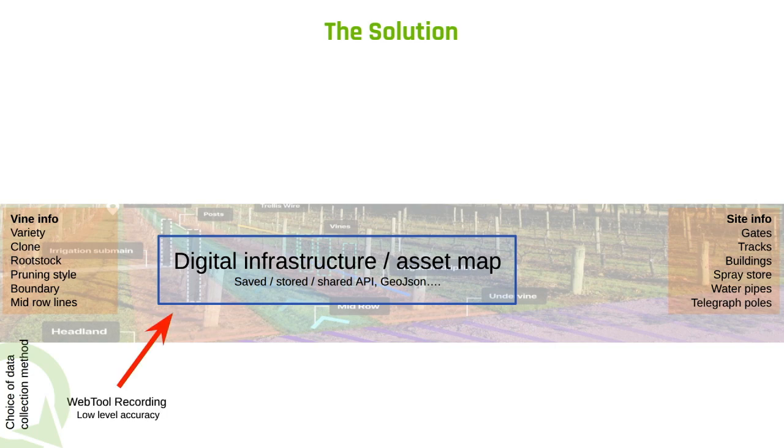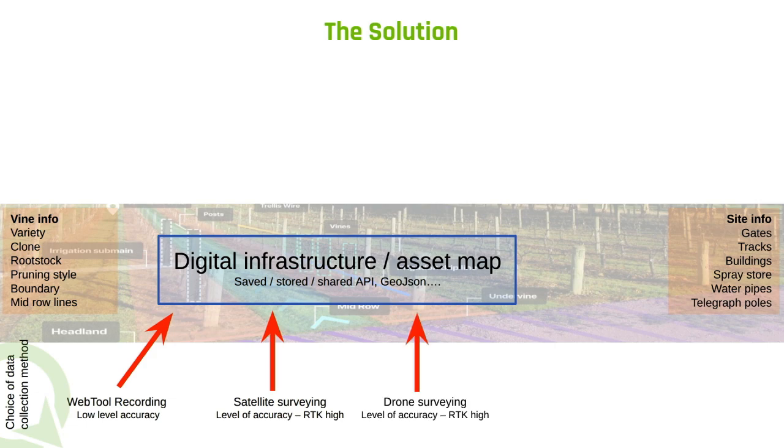Yes. So now we're getting into more detail. He had a web tool for doing recording. He had a level accuracy where he was doing satellites in the middle, so RTK, high precision. And then he was doing drone surveying with RTK, which is rather high accuracy. And then he is doing now QField with RTK.